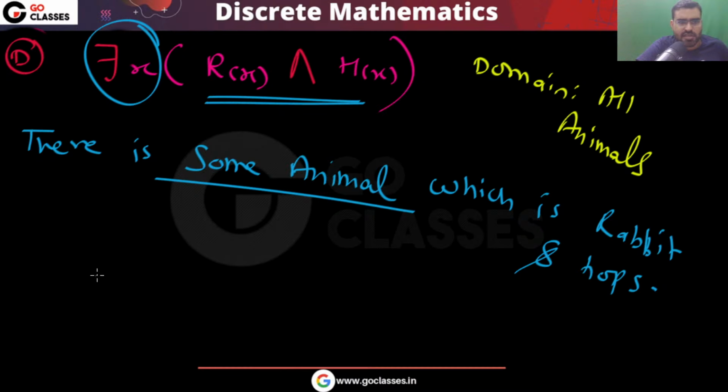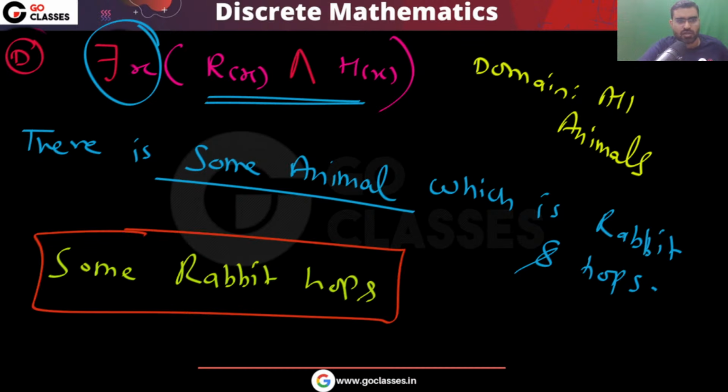It simply means that some rabbit hops. In simple words, there is some rabbit which hops. I hope all of them are clear.